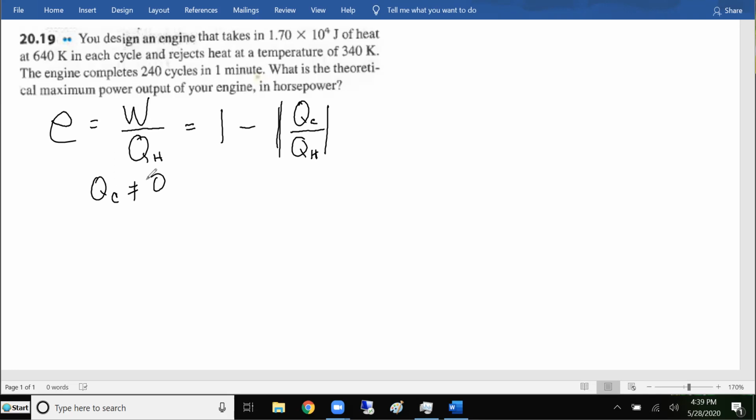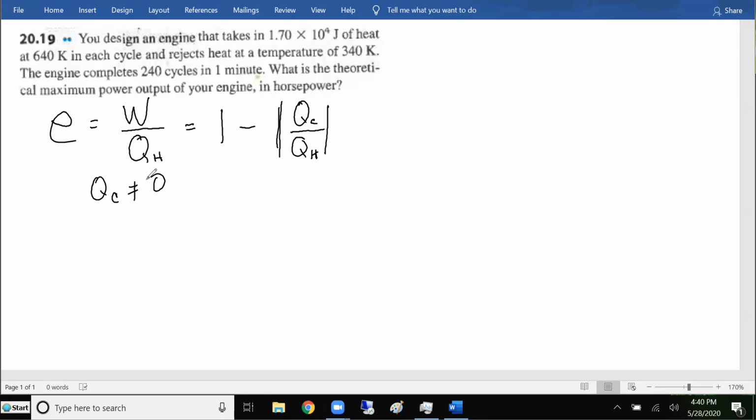Anyway, it turns out that there is a maximum efficiency for a heat engine running between 2 temperatures. That's the efficiency of a special cycle whose processes are reversible, the so-called Carnot cycle.